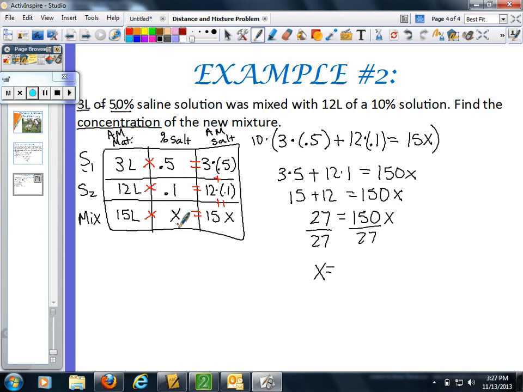Okay, anyways, so 150 divided by 27. 3 times 0.5, multiply by 10, that would be 5. This would be 12.